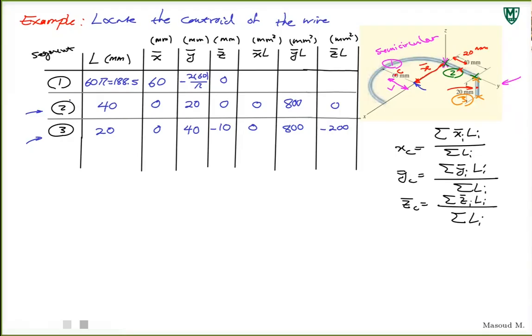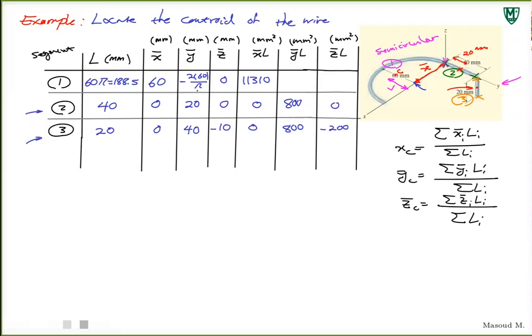Now we do the other 3 columns. X bar times L: X bar is 60, L is 188.5. So you have to do that calculation, and you'll get 11310 millimeters squared.